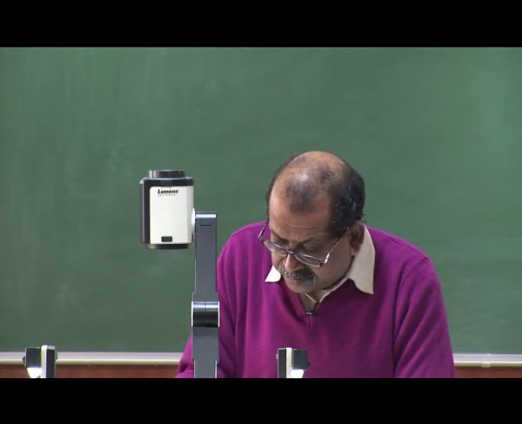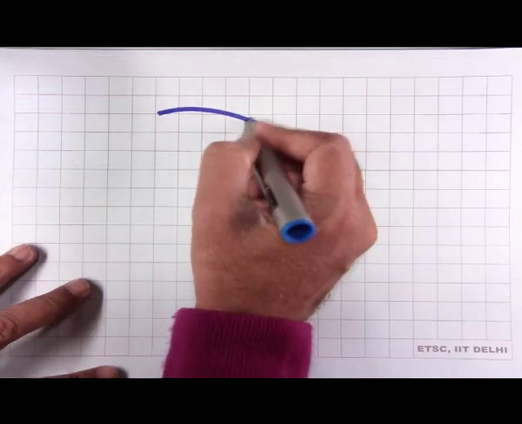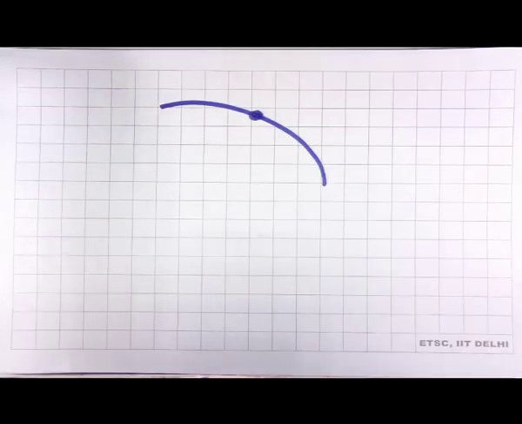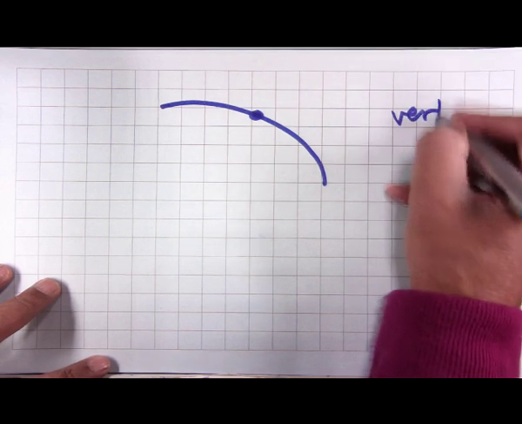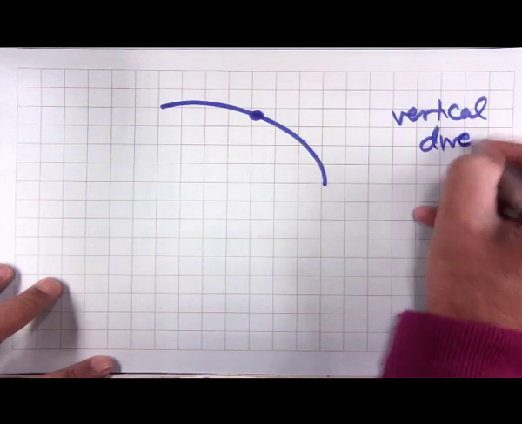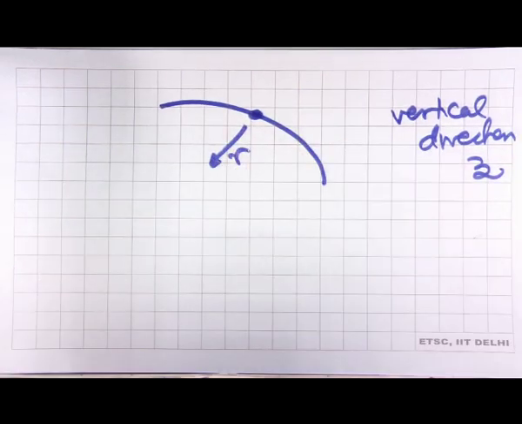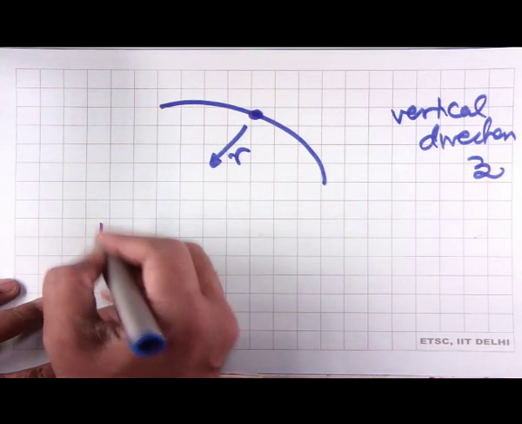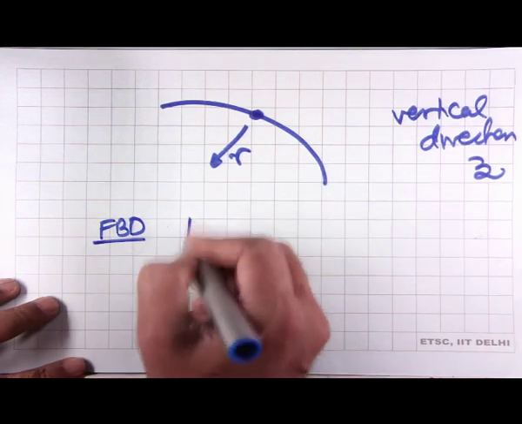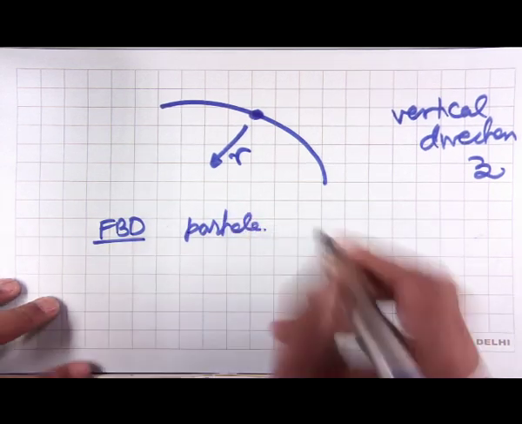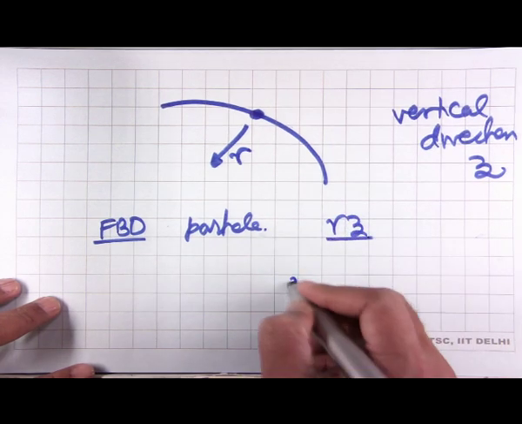So, we have a curved track on which a body is moving. Let us say the vertical direction is Z, this is R, and now I draw the free body diagram of the particle, and I look at the RZ plane.